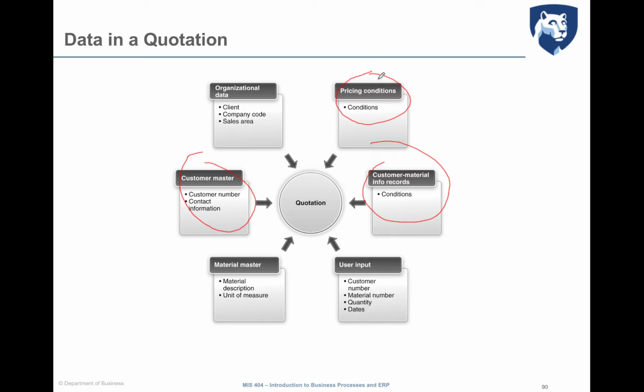The pricing condition of the material you are selling, the material description, and the quantity you want to sell. Then you also have other types of data like the user input, which consists of customer number, material number, quantities, and date. The system uses these inputs to obtain the necessary organizational data, like sales area, from the various master data in the system.